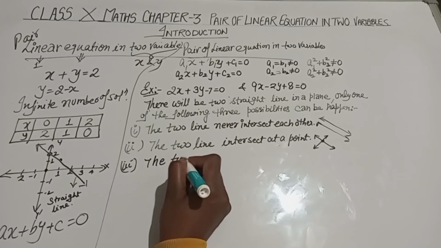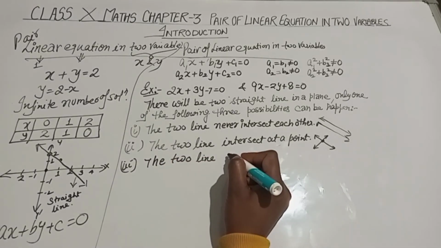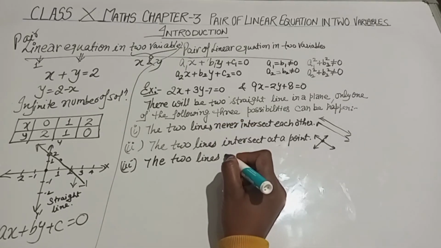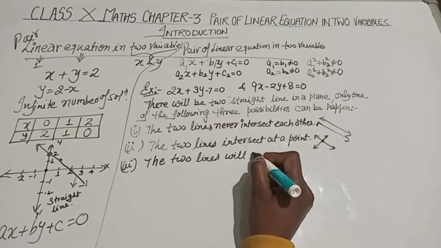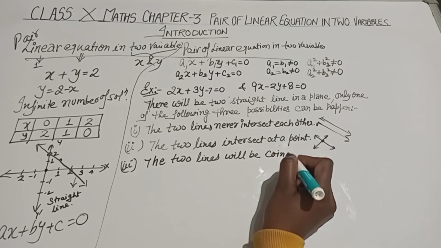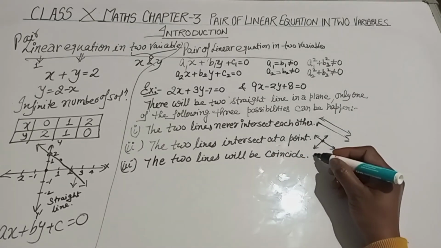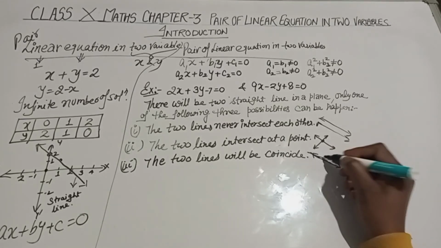The two lines will coincide. It means they overlap each other, the first line and the second line also.